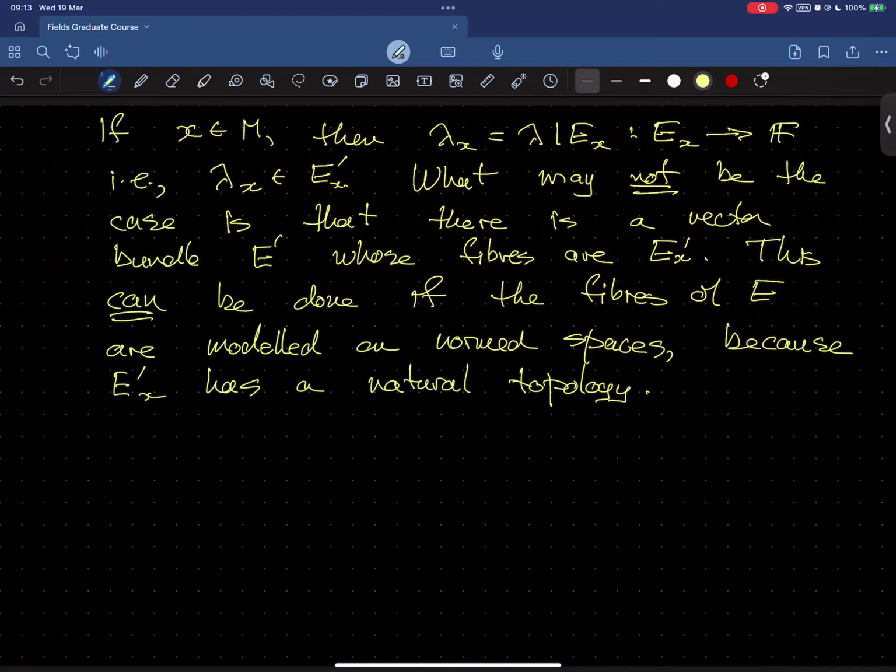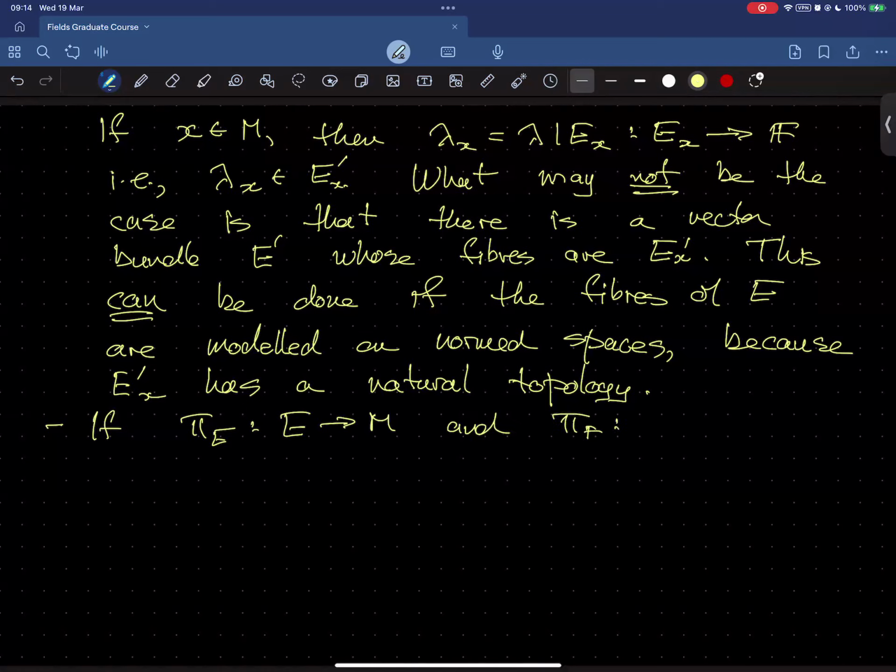So dual bundles don't necessarily exist in a natural way. So if we have two vector bundles over the same base, all right, again, this has to do with the lack of feasibility of what is sort of a natural structure in some settings. Okay.